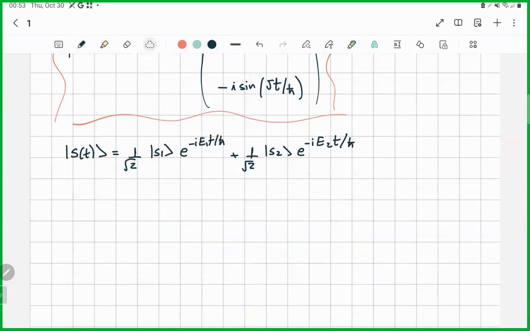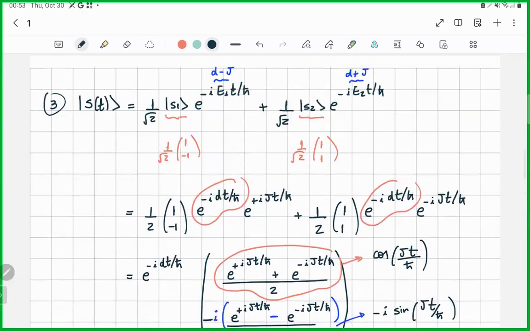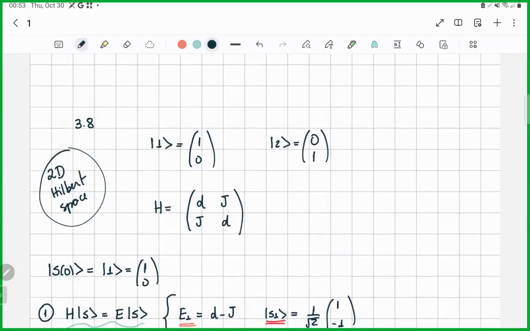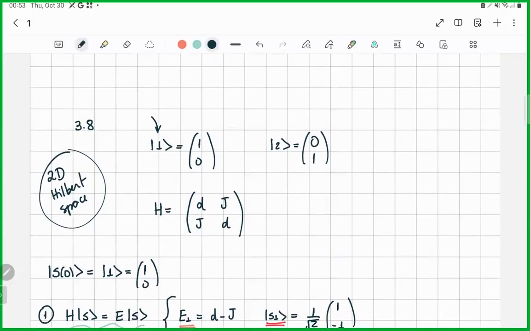We can measure other properties of the system. In this system here, I could have asked, for example, my system is in this state, but what is the probability that I find this system in this state 1 that we wrote in the beginning?